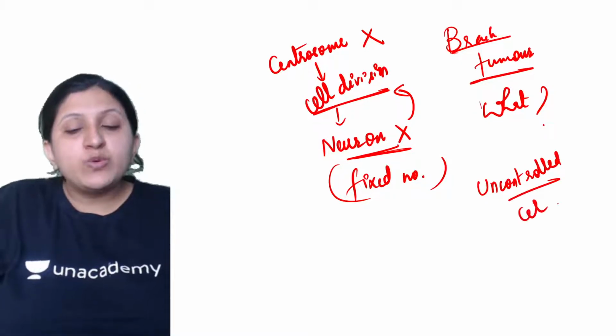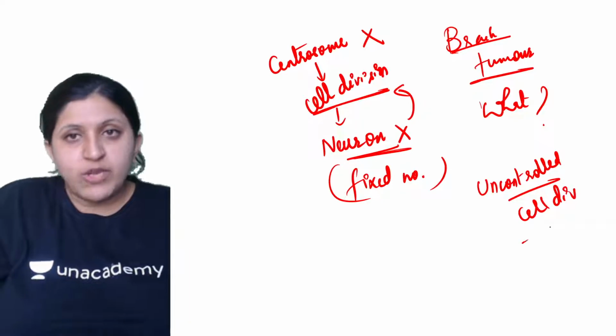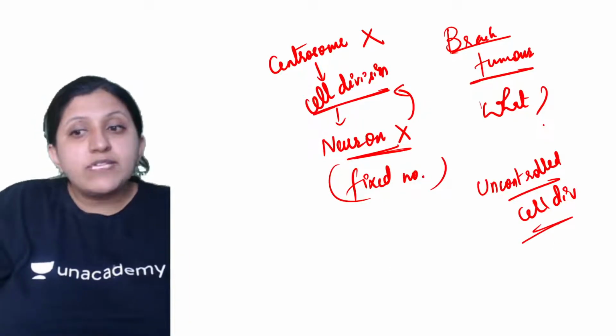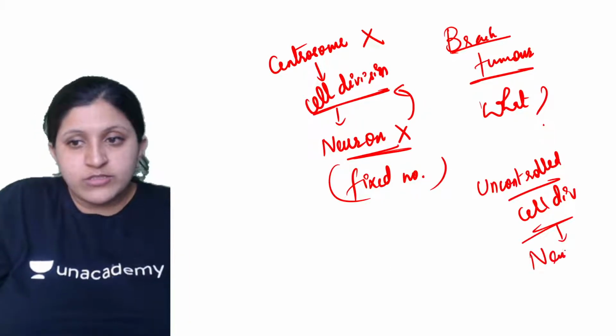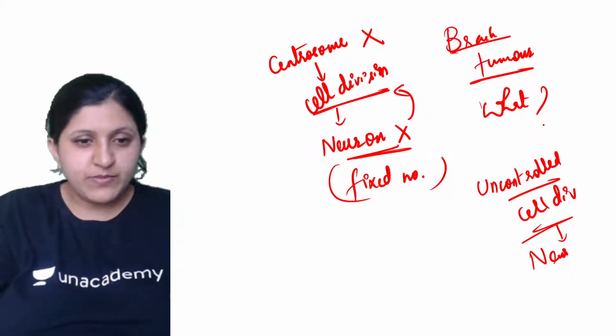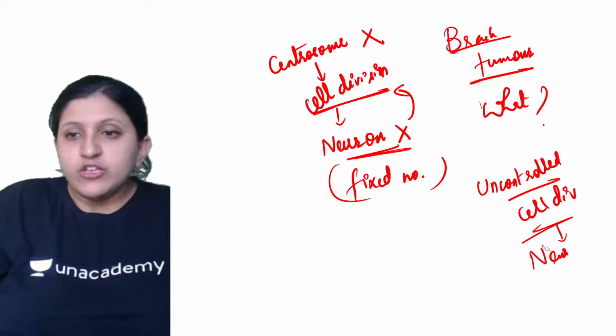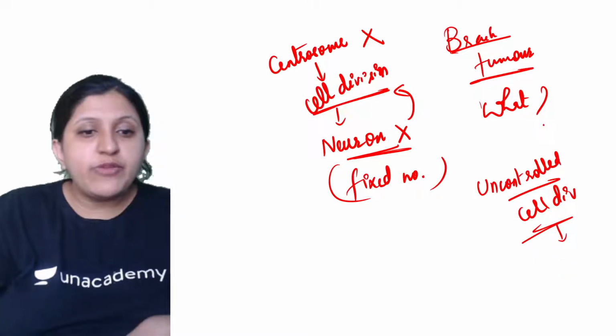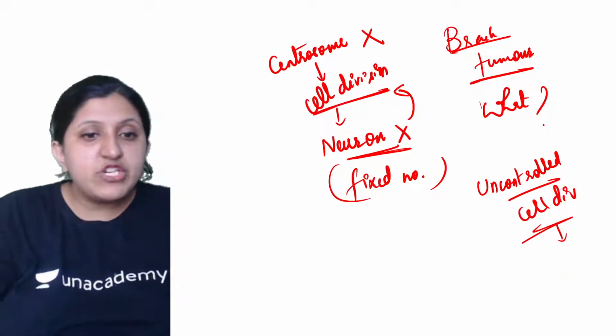So with respect to cancer, we say uncontrolled cell division is there.